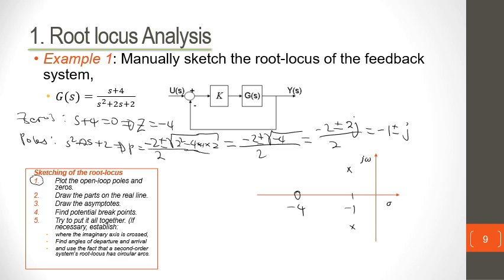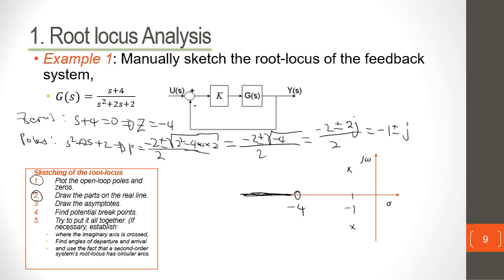Now let's tackle the second step, which is to draw the root locus on the real axis. We count on the left hand side of an odd number of poles and zeros. So there will be a root locus here as well.